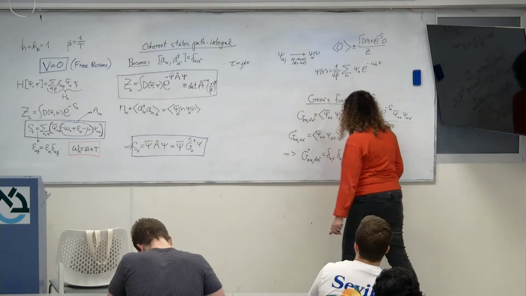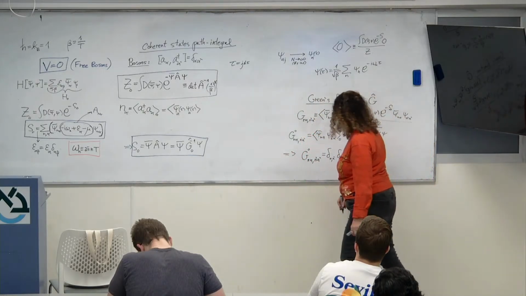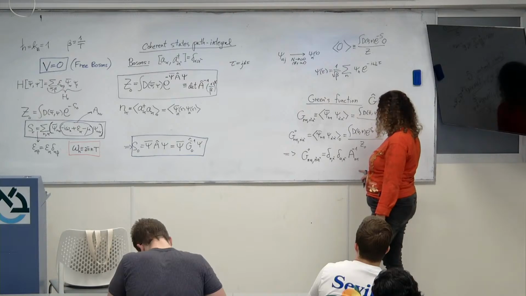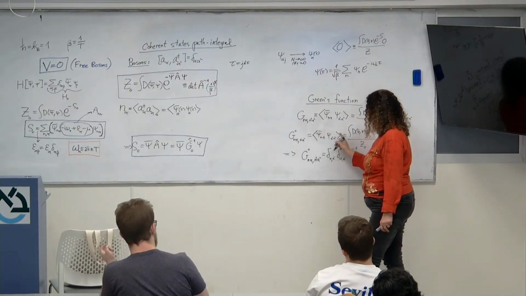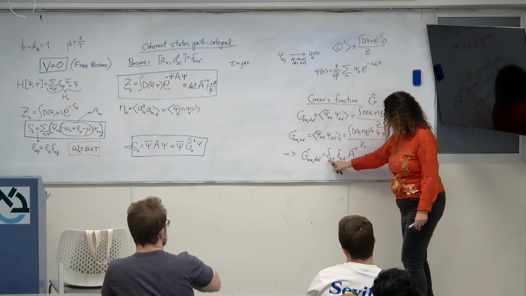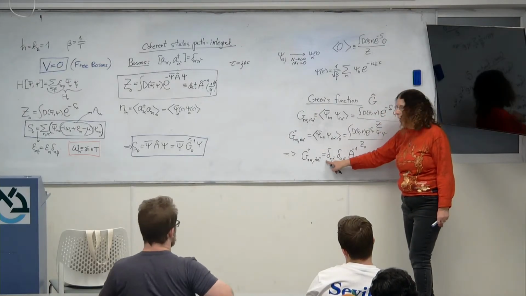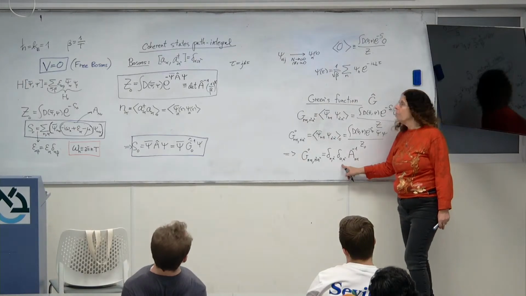I see that, and I use the fact that these expectation values will give me only diagonal terms. I have here the deltas, delta over n and delta over alpha.